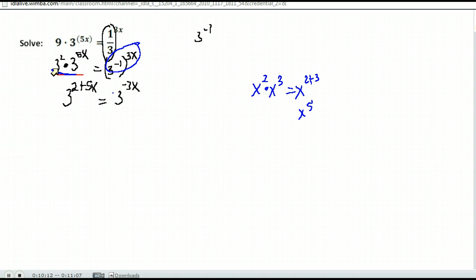Okay, so we wrote everything as a power of 3, and then we simplified those to combine anything that we could. And now notice we have 3 to a power on both sides. So we can go ahead and set those exponents equal to one another and solve them to find x. So I have 2 plus 5x equals negative 3x. And we just go through our steps to solve.